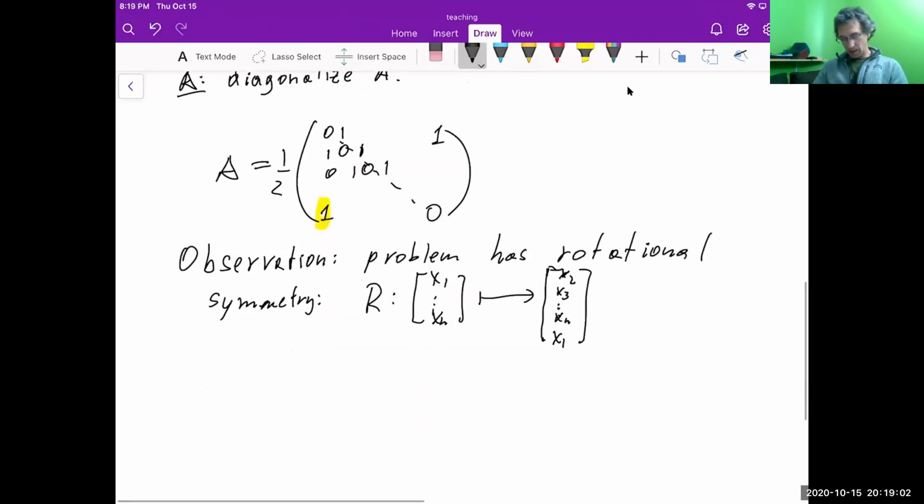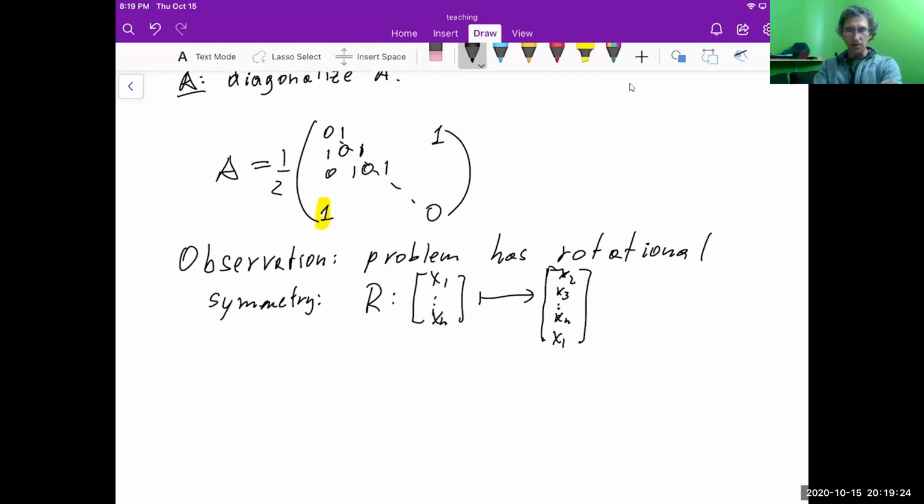If you look at this operator, then one way of expressing what it means to say that the problem has rotational symmetry is that if I rotate my configuration, then do the operation A, this original operation, and then rotate back, it's the same thing as if I did not rotate at all.